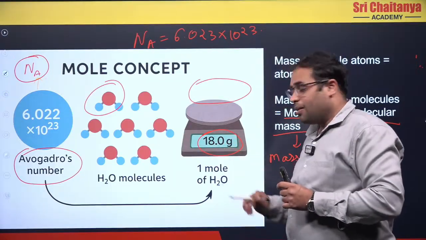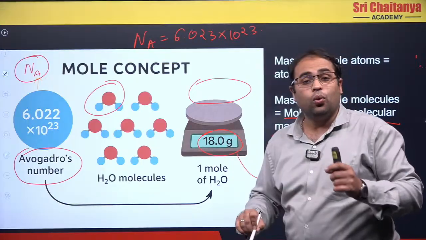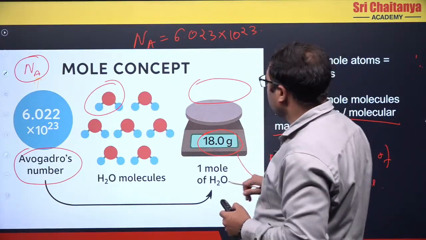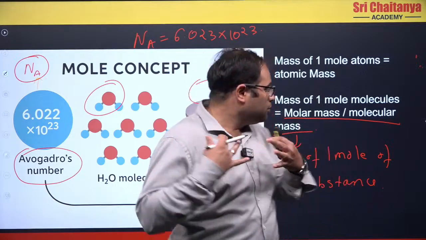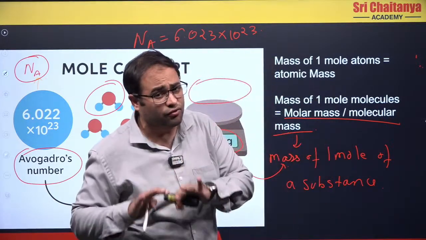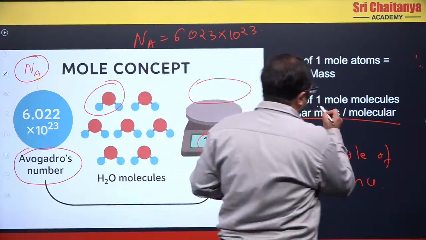This 18 grams is called the molar mass of water. This molar mass is sometimes also called molecular mass. Don't get confused, it's the same. And this was the mass of 1 mole of molecules.